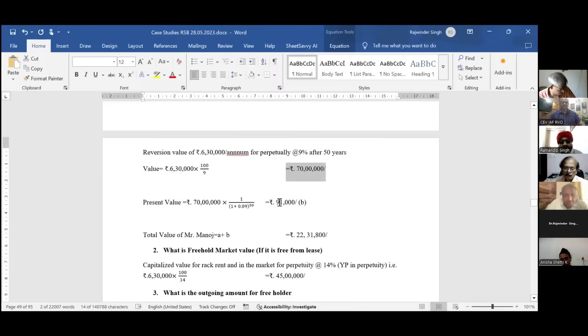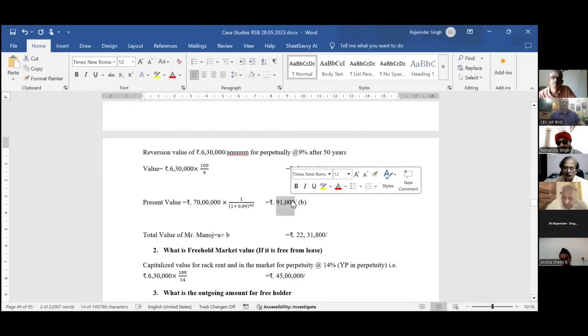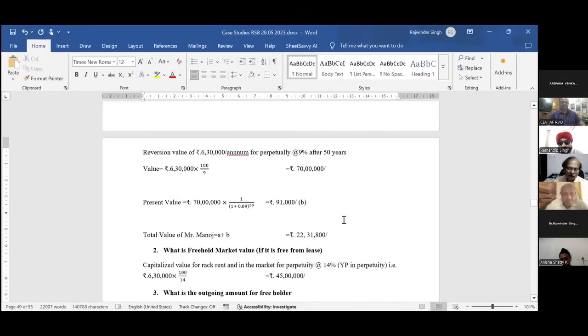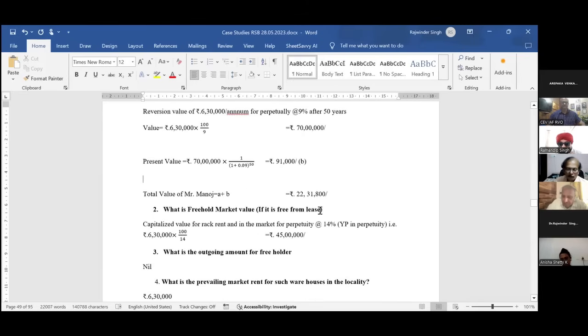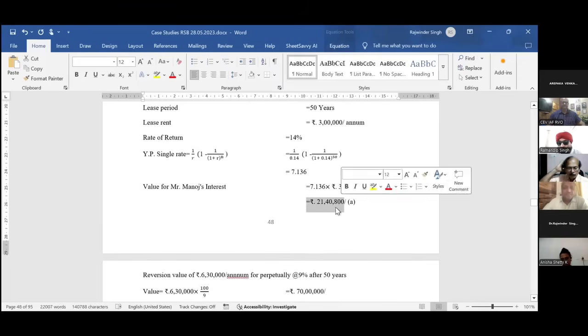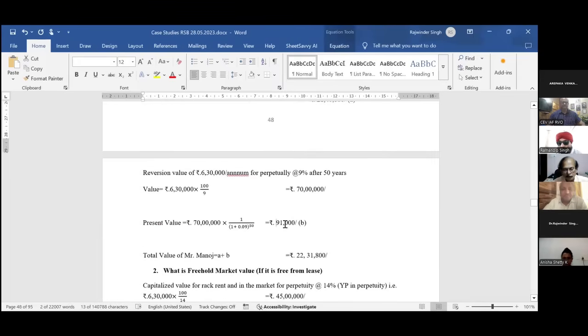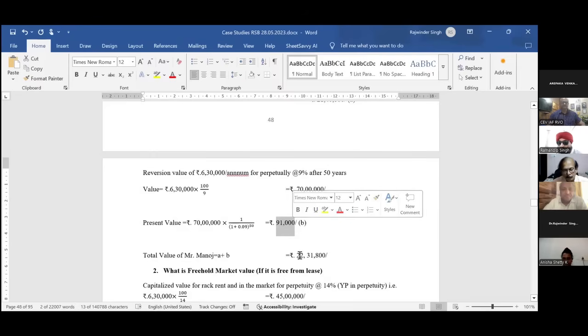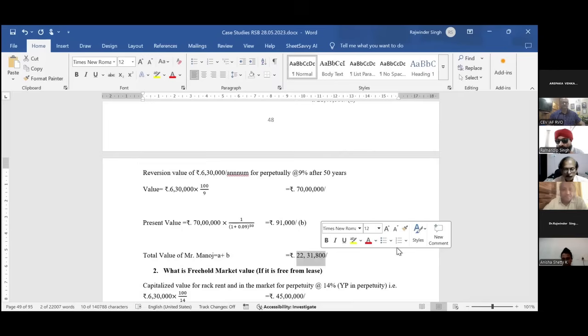The value comes out to be 91,000. The 70 lakh rupees you will get after 50 years, its value today is 91,000. So the total value is 21,40,800 plus 91,000. So total value of the lessee is 22,31,800.